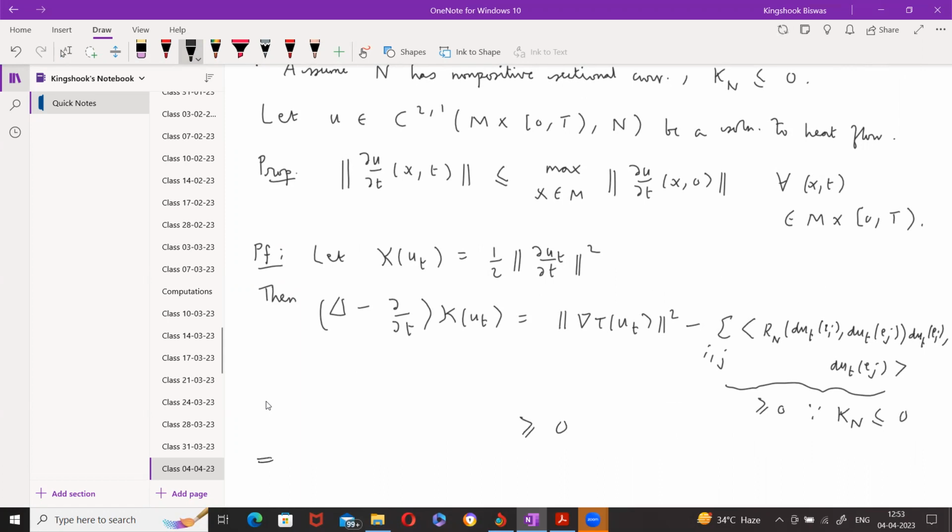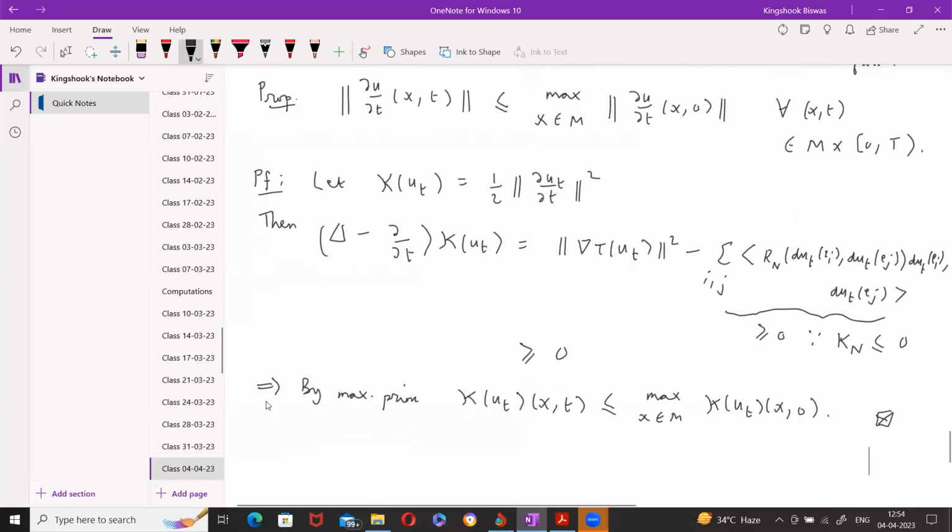That implies, by the parabolic maximum principle, that kappa ut of x comma t is less than or equal to the max over x in M of kappa ut at x comma 0, and that proves the proposition. Is this clear? Yes, sir. Okay.